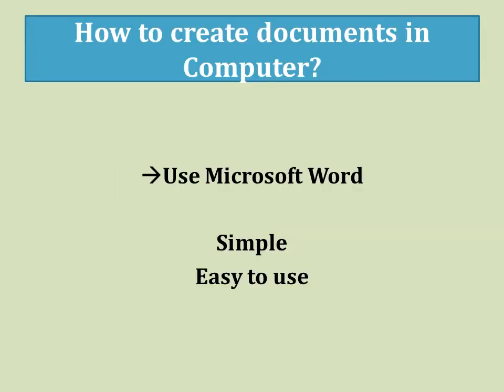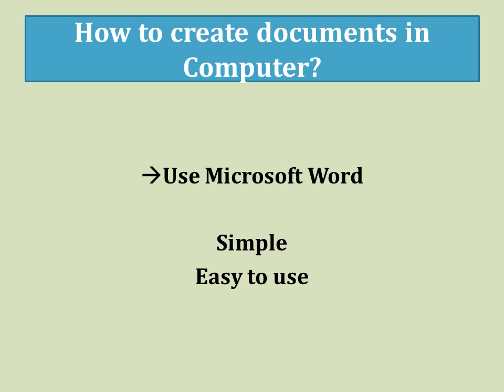Now, as I mentioned earlier, when we talk about electronic documents, it means that we are creating them on a computer. But how do we create documents on a computer? There is a program, an application, called Microsoft Word, and we use it for writing our documents on the computer.